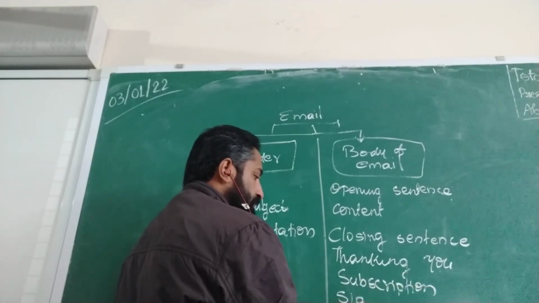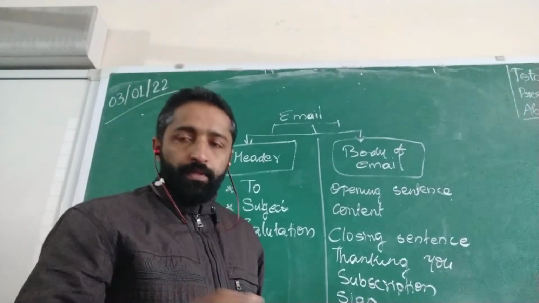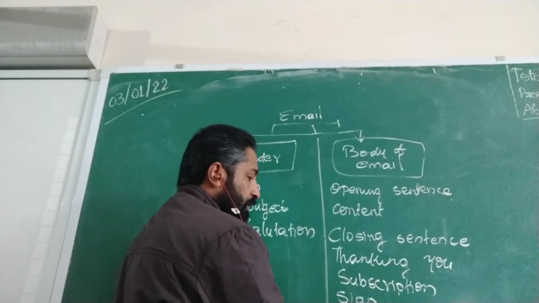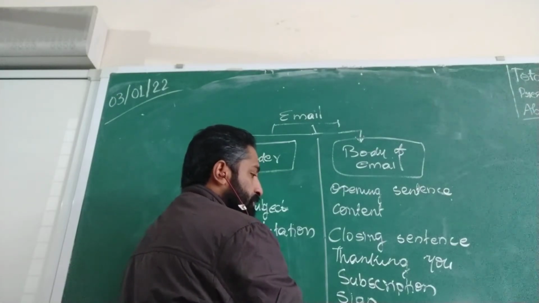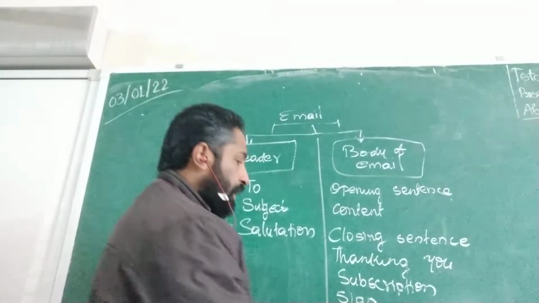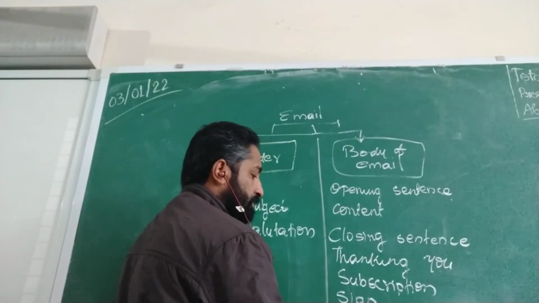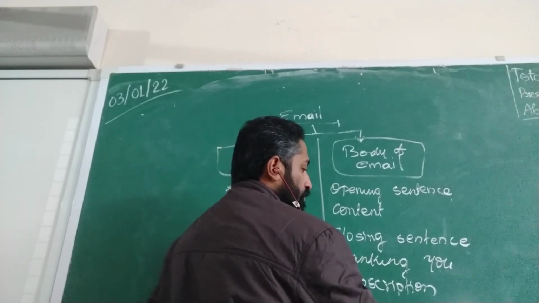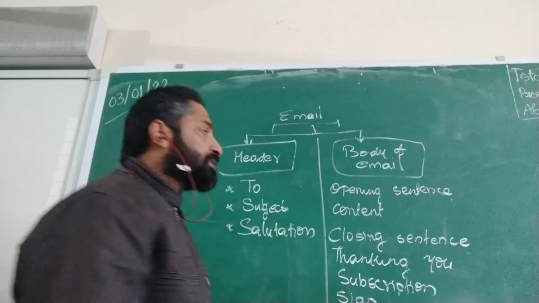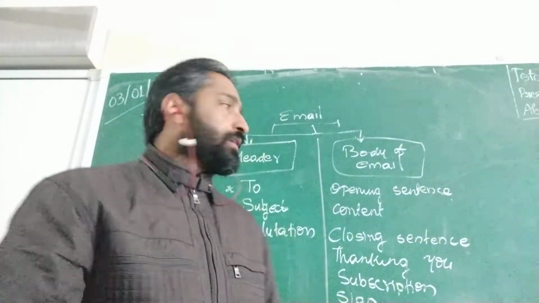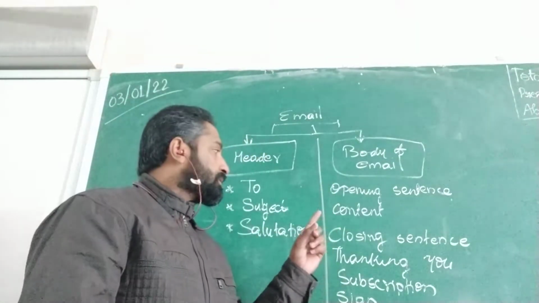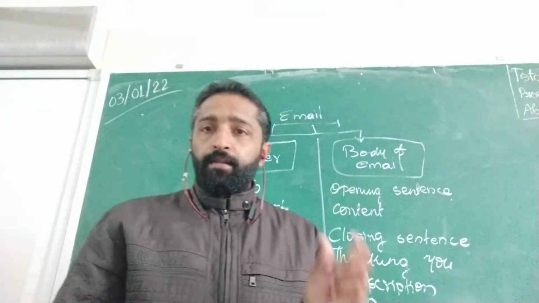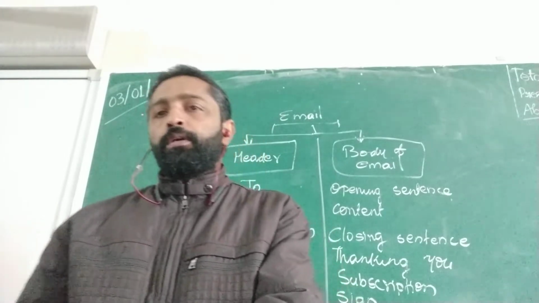Next is sign, which means your name has to be written. Then the designation to be written. Sign, designation, and name of the institution. These are the things that are included in the body of an email: opening sentence, content, closing sentence, thanking you, subscription, sign, designation, and name of the institution.